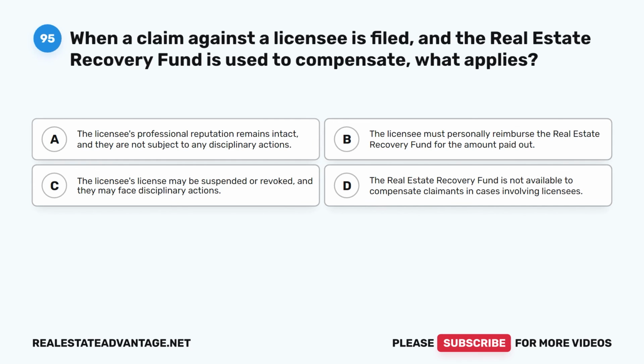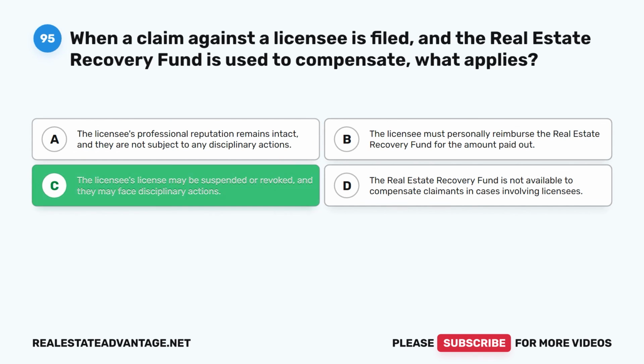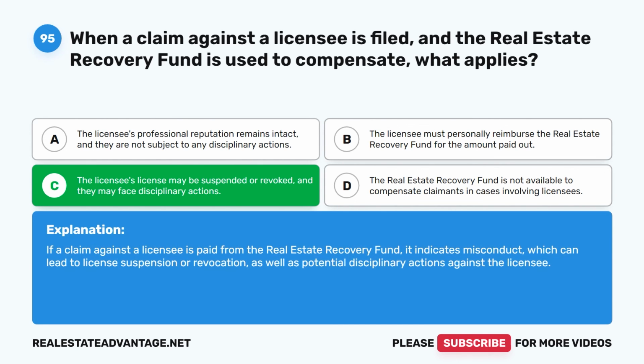D. The Real Estate Recovery Fund is not available to compensate claimants in cases involving licensees. The correct answer is C. The licensee's license may be suspended or revoked, and they may face disciplinary actions. If a claim against a licensee is paid from the Real Estate Recovery Fund, it indicates misconduct, which can lead to license suspension or revocation, as well as potential disciplinary actions against the licensee.